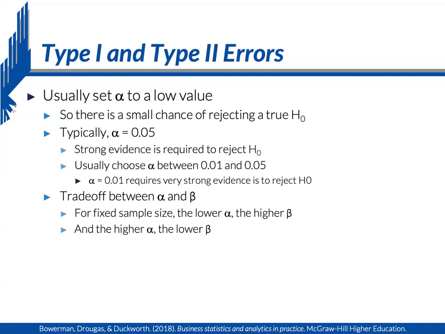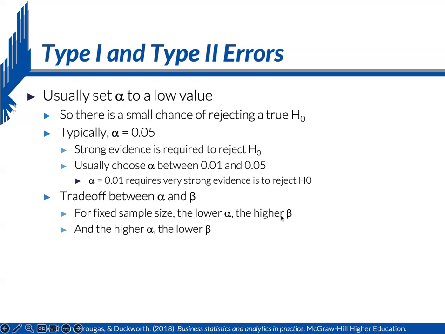So again, we typically set alpha to 0.05, which means that there is only a 5% chance of committing type 1 error. Now, there is actually a trade-off between alpha and beta. So for a fixed sample size, if alpha is lower, beta becomes higher.